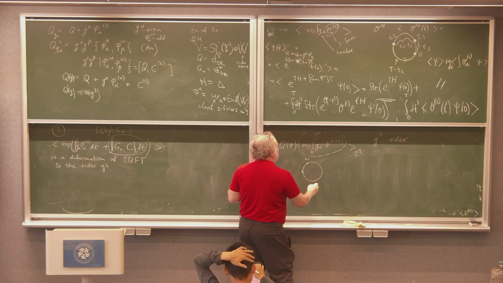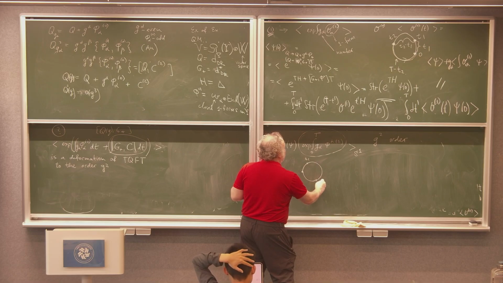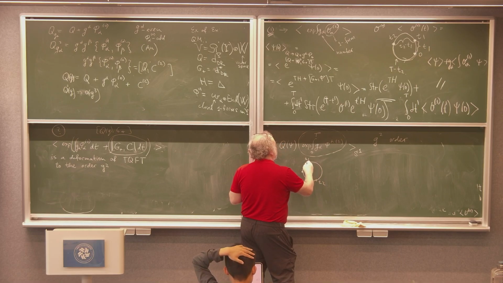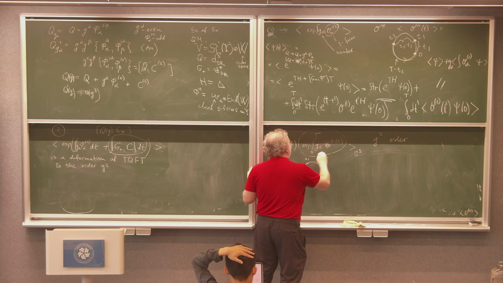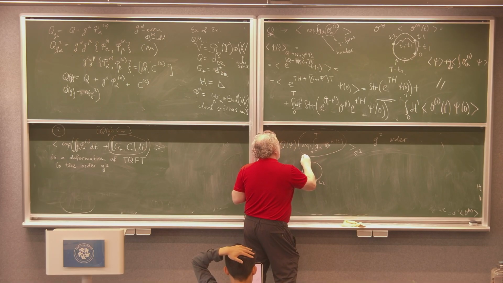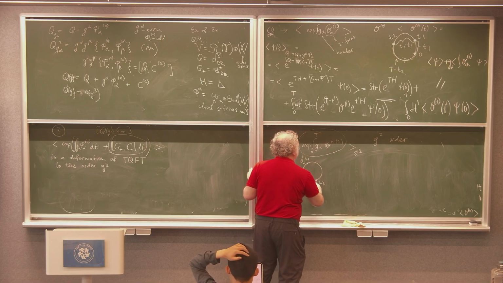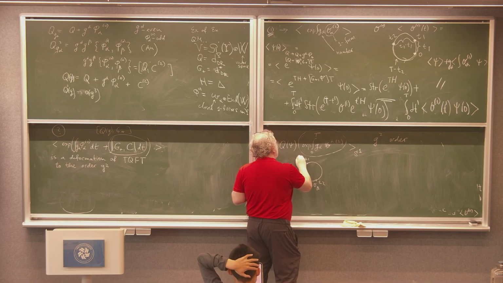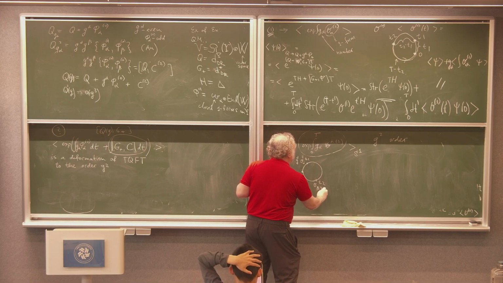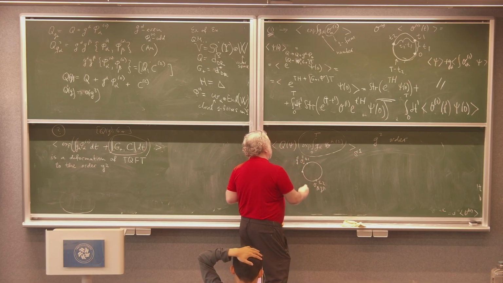Here I have point T1, here I have point T2. O alpha, of beta G alpha G. And this is the point zero.